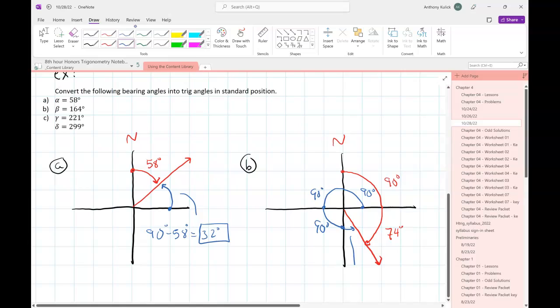How much is that section there? 16, because it's 90 minus 74.